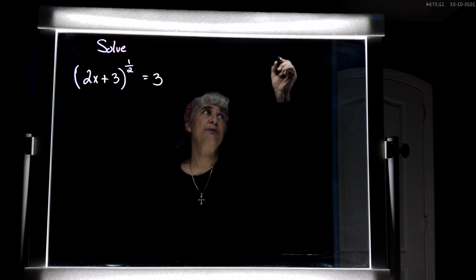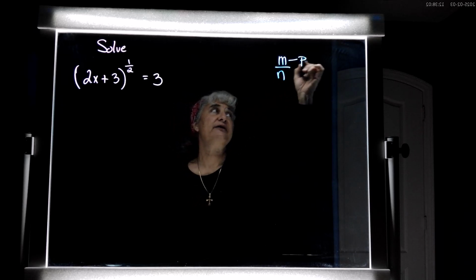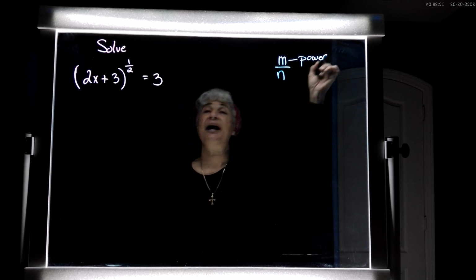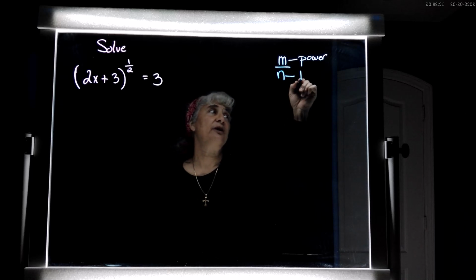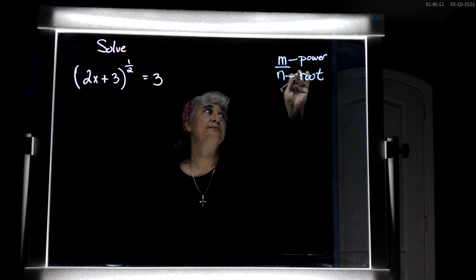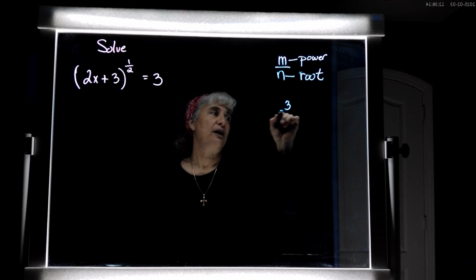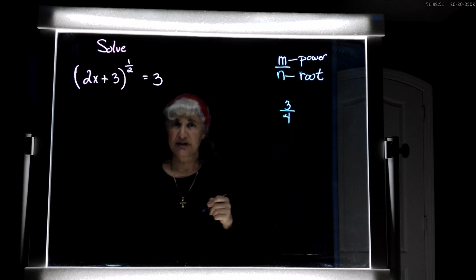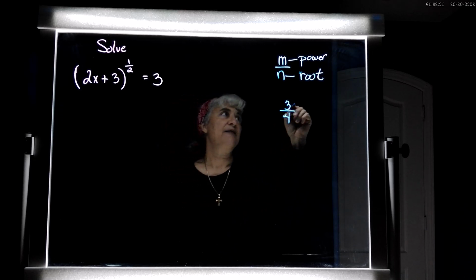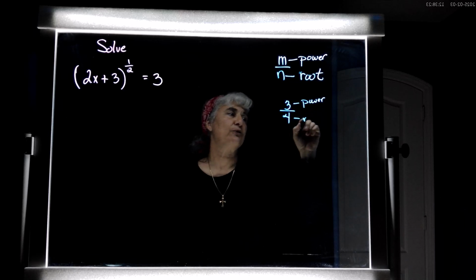If I have an exponent that is a fraction, we need to remember something. The numerator of the exponent represents the power. The denominator of the exponent represents the root. So, for example, if I have a rational exponent of 3/4, that means I have the third power and the fourth root.